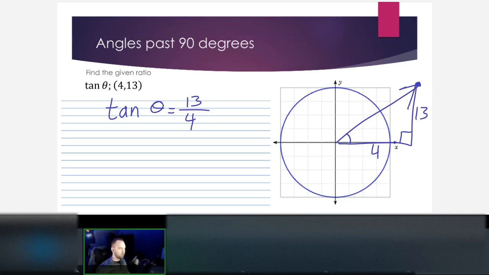So graphically, looking at your angle alpha, tangent of theta, or alpha, is opposite 13 over adjacent, which is 4. But in this case, creating the picture actually took way longer than needed, when we know that tangent is y over x. Does that make sense?